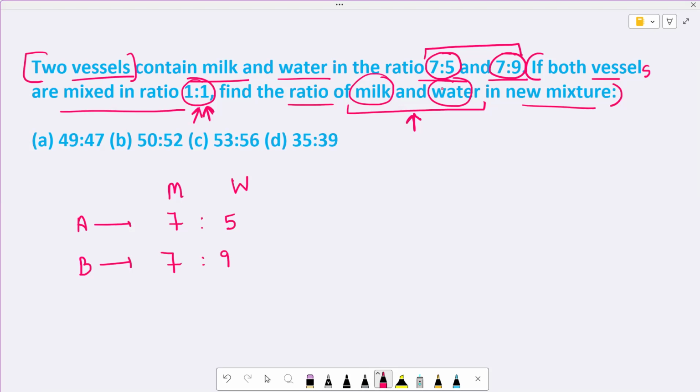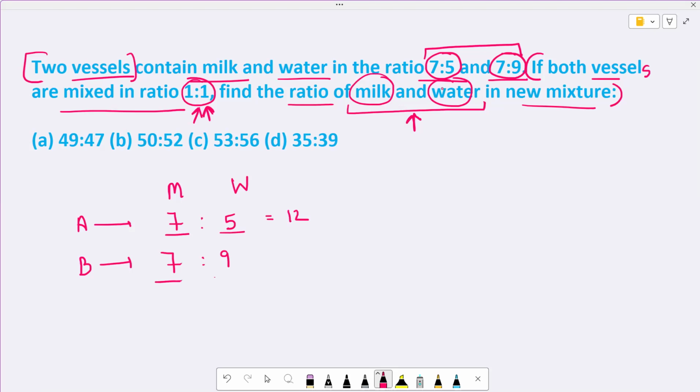In these type of questions, what becomes important for us is that we need to convert them into such a form so that these mixtures become equal, like the units specifically. What exactly I mean is, if we sum 7 plus 5, we get 12.